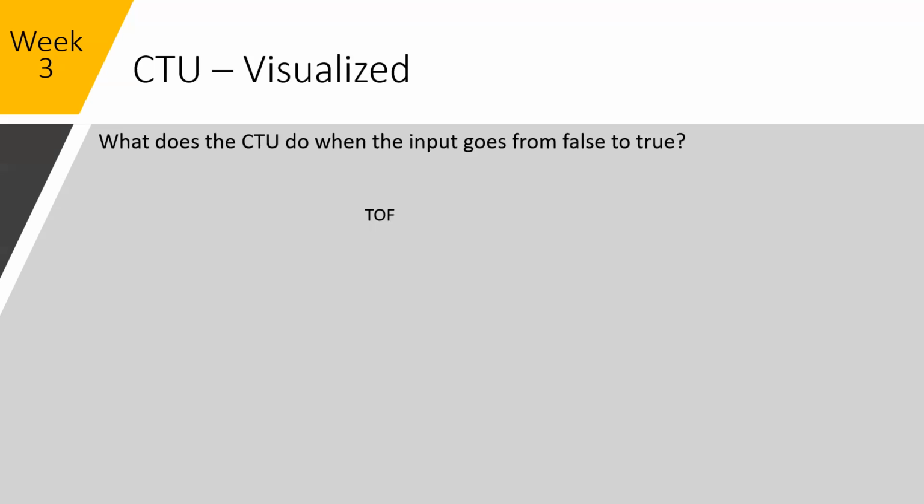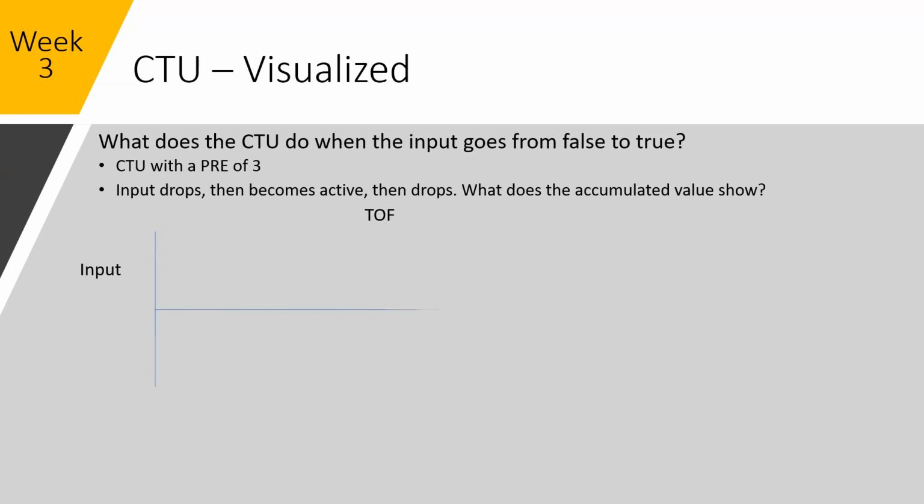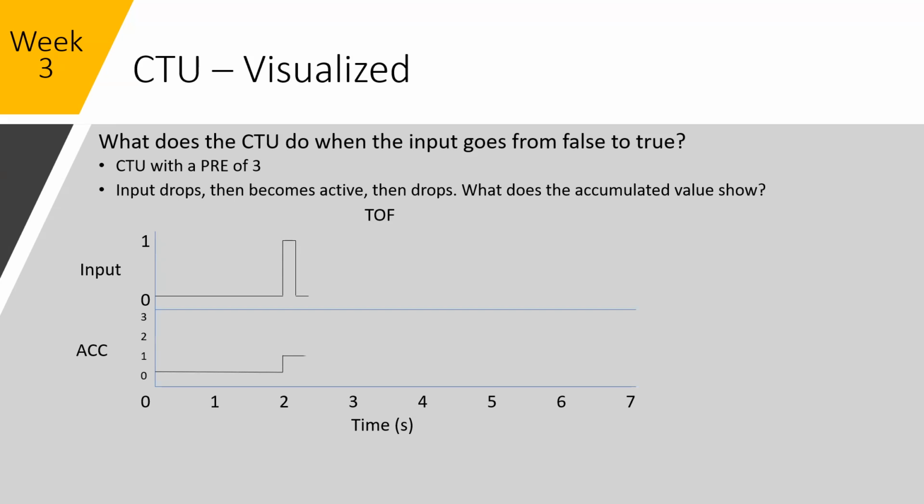So what does the counter do when the input goes true to false? Ignore that T off. The CTU with a preset of 3: when the input cycles once, on the first rising edge and then drop, the counter will accumulate 1.